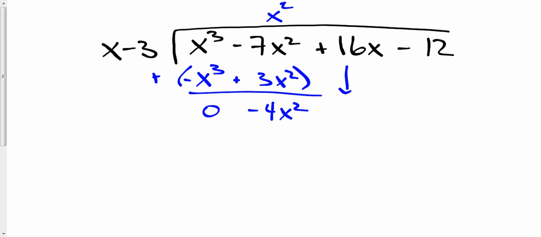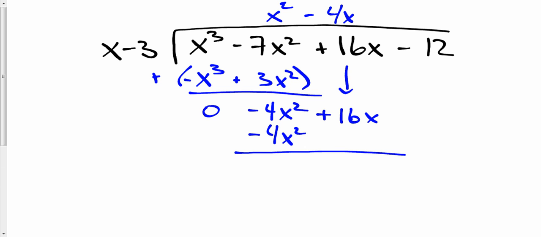Bring down the 16x. Now, x goes into negative 4x squared negative 4x times. Negative 4x times x is negative 4x squared. Negative 4x times negative 3 is plus 12x. Again, I'm subtracting that, same as having the opposite, so I distribute the negative.